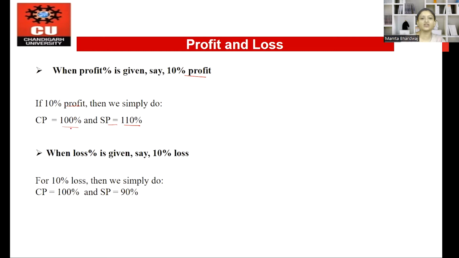So the cost price is 100, and the selling price comes out to be 100 plus 10, which becomes 110. And whenever loss percent is given to us, let's say 10% loss, it means we need to subtract this 10 from the cost price. So the selling price becomes 90% of the cost price. We can use this concept while solving the questions.